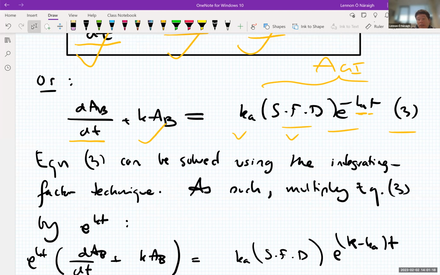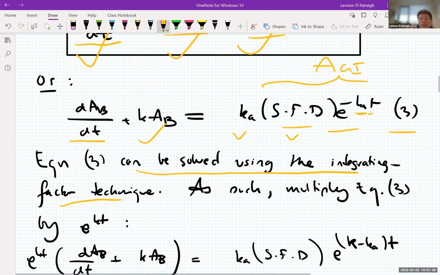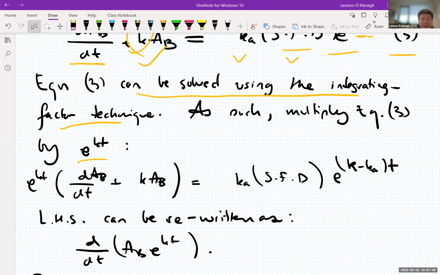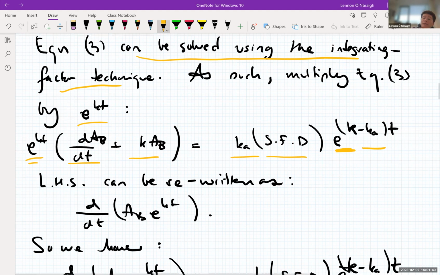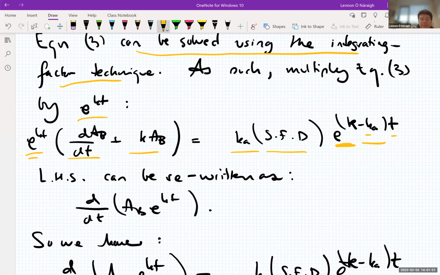Equation 3 is a standard inhomogeneous linear ODE, so there's a source term, and it can be solved using the integrating factor technique. The integrating factor here is e to the Kt, so I multiply both sides of equation 3 by e to the Kt. On the left-hand side, I get e to the Kt times dAB by dt plus K AB, equal to the right-hand side, Ka SFD times e to the Kt, that's my multiplication, and then e to the minus Ka t.